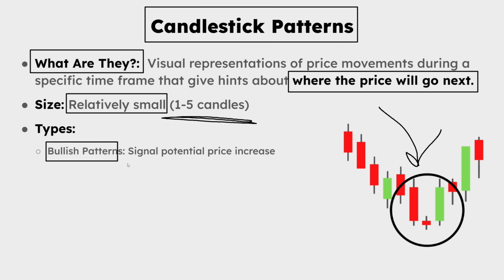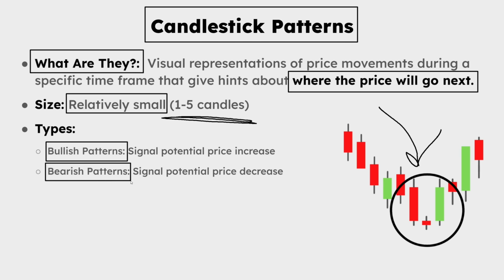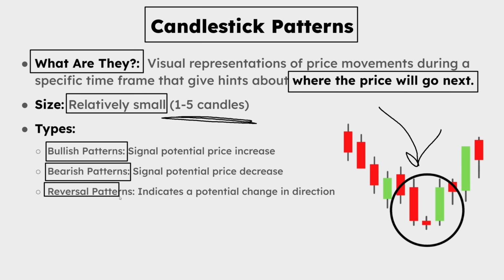We have bullish patterns, which signals potential price increases, and we also have bearish patterns that signals potential price decreases. We also have reversal patterns, and reversal patterns indicates a potential change in trend direction.